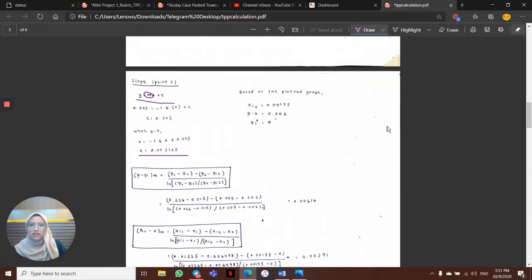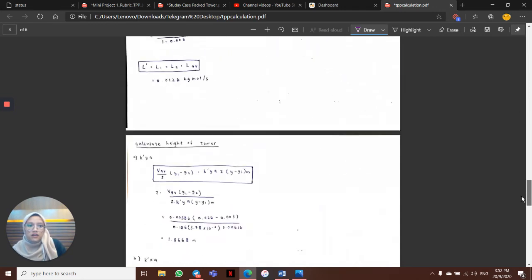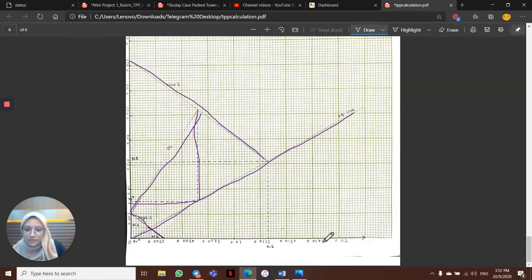Okay. So when we have the second slope, we can again find xI2, yI2 and y2 star. Just like before, this is the second slope.